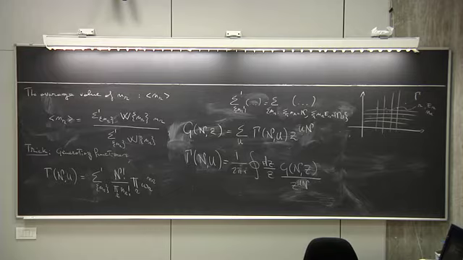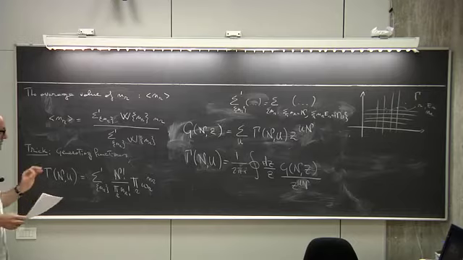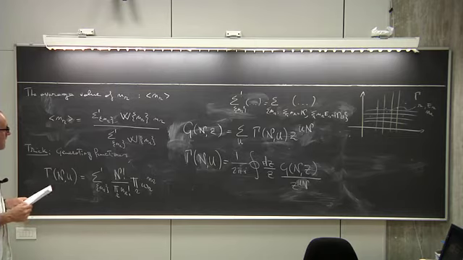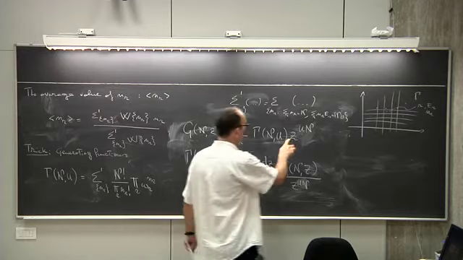It's a bit complicated, but it's a type of calculation which occurs over and over again in statistical mechanics, so we'll do it with some care at least once. Yes, we assume that u times n is an integer.